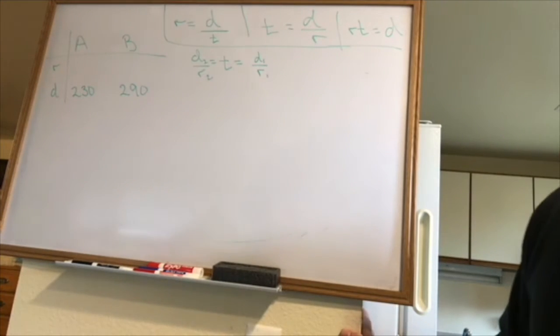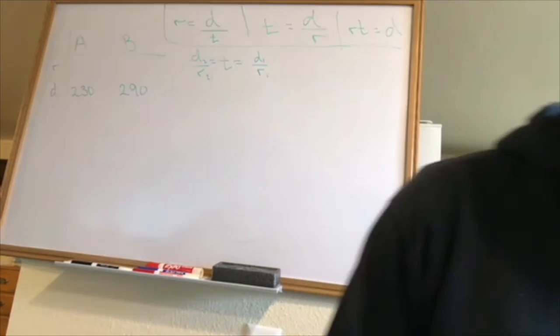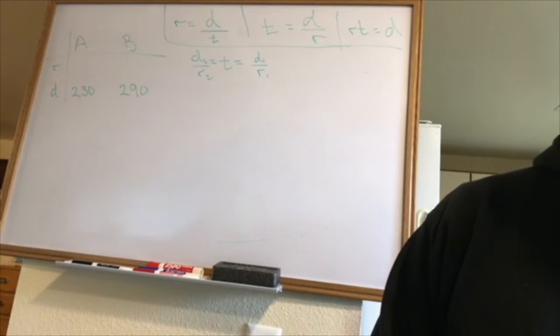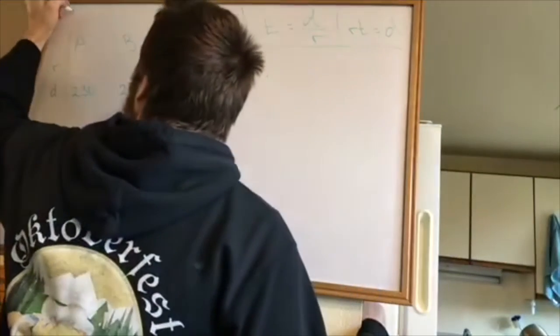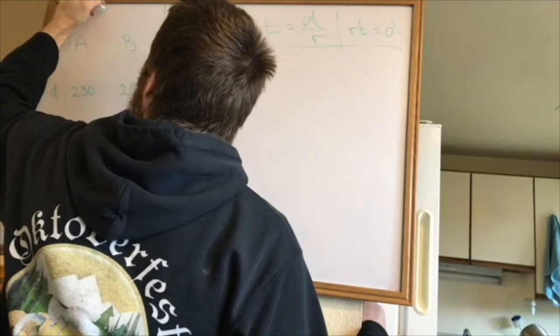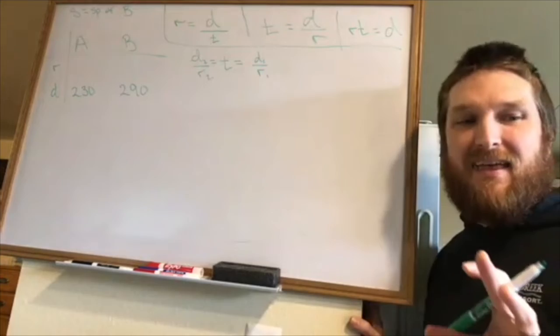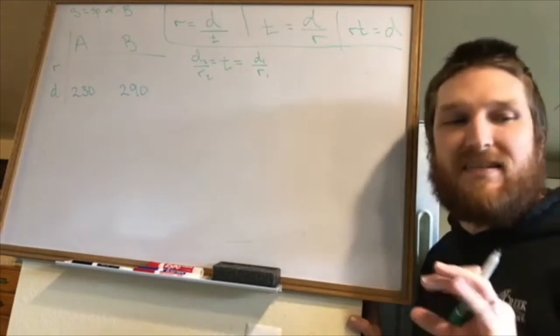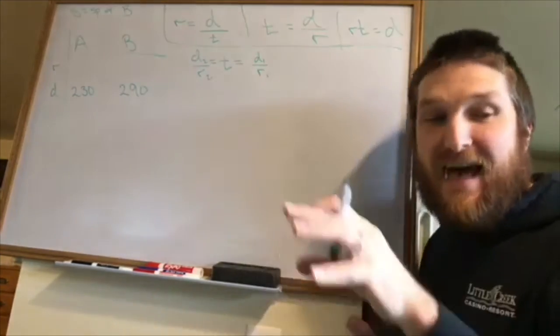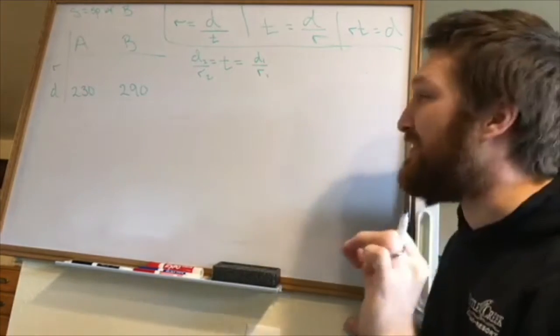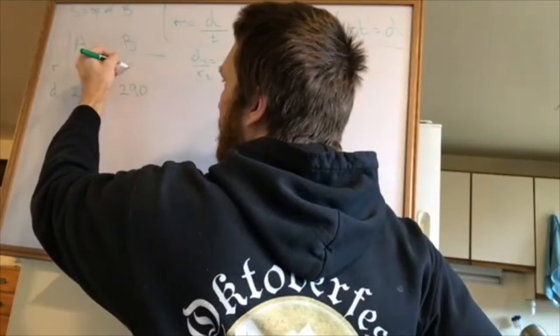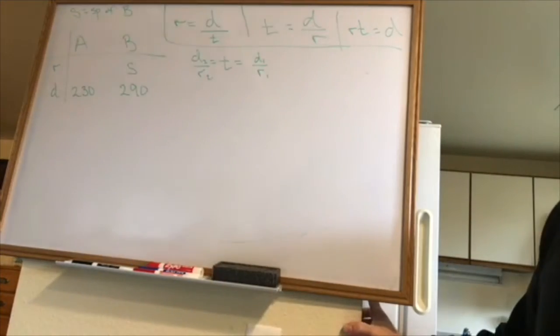Now the rates. This is where it gets tricky. It says the speed of train A is that much slower than the speed of train B. So what I'm going to do is let S equal the speed of train B, because it says A is something slower, or twice as much as, or 4 times that of B. So B is like the pure thing, and I let S equal the speed of B. Then it says that A is 12 kilometers per hour slower.